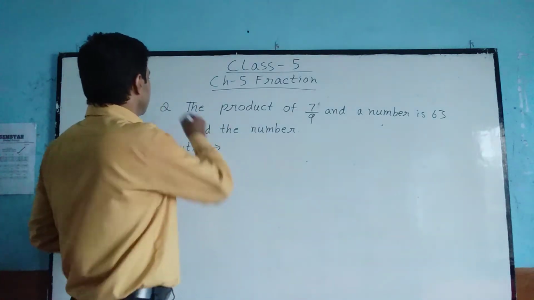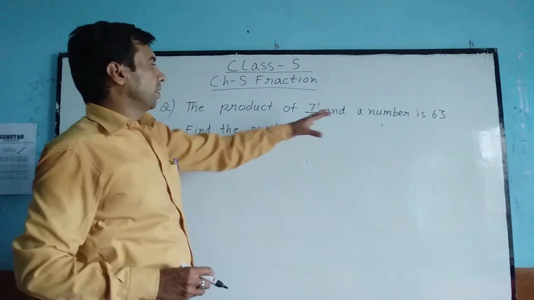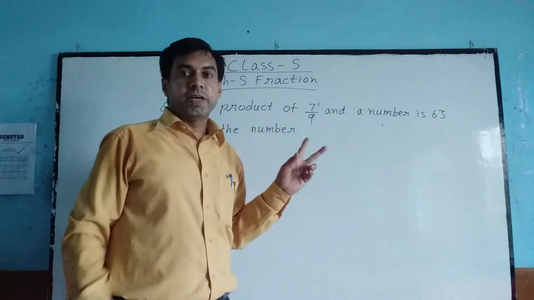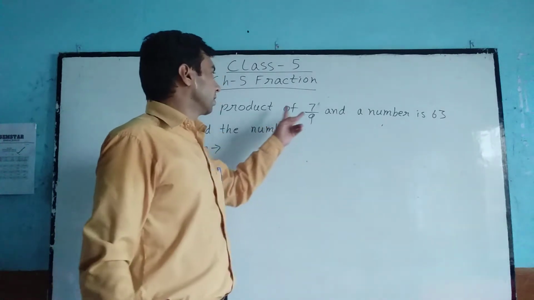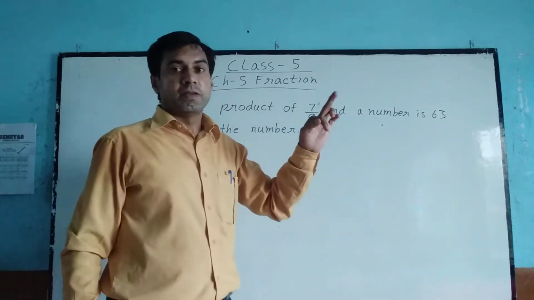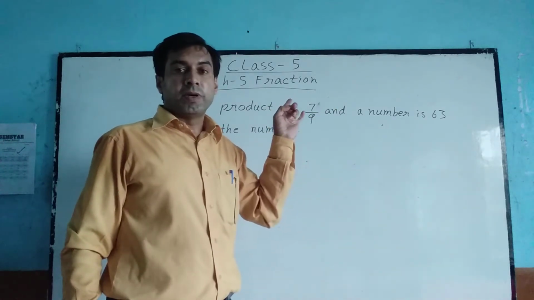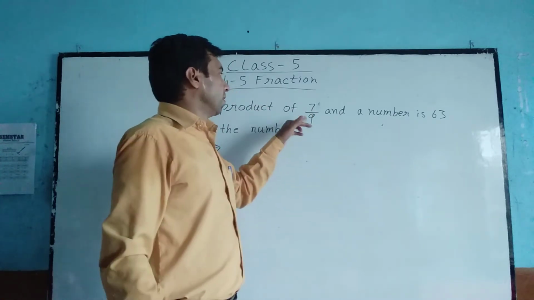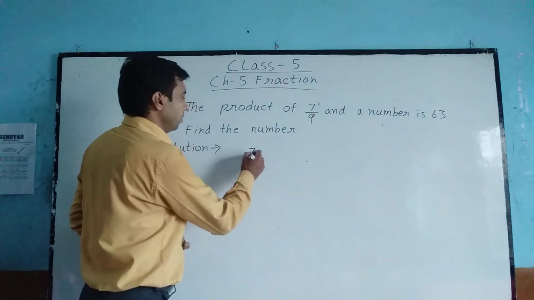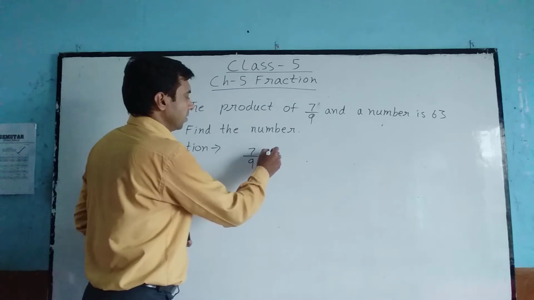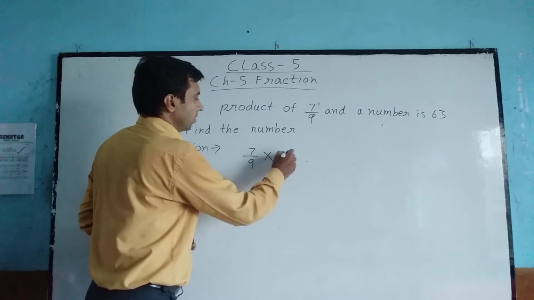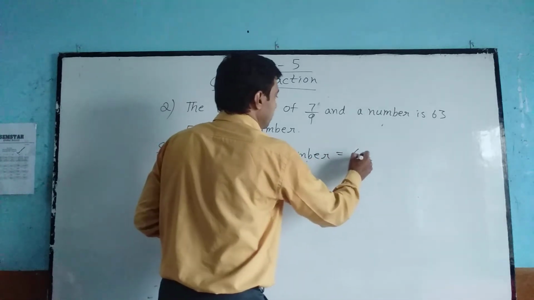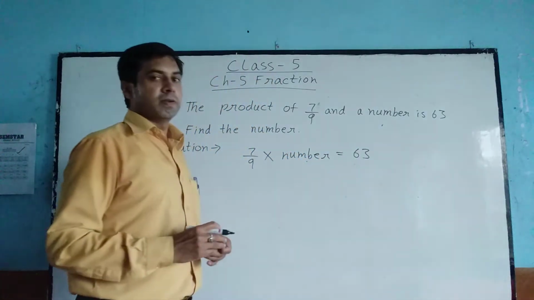Next question. The product of 7 by 9 and a number is 63. If we are saying product of 7 by 9 and a number, there is a number which we don't know. We have to find that number. 7 by 9 into number is equal to 63.